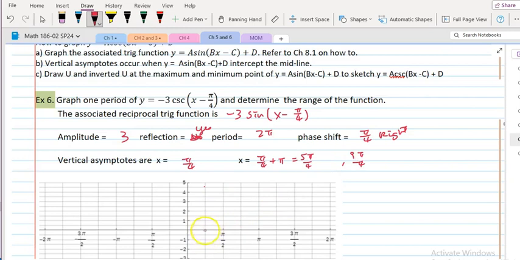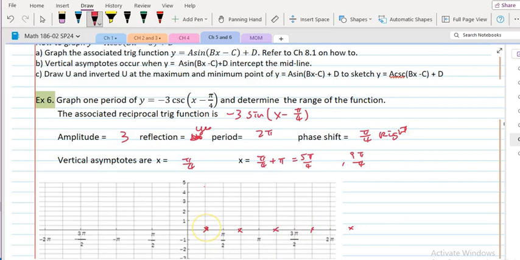So pi over 4 is at the beginning, and then the quarter point, 5 pi over 4, and 9 pi over 4 should be here. The middle would be this one, and this one is the quarter point.